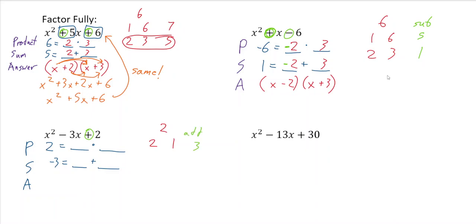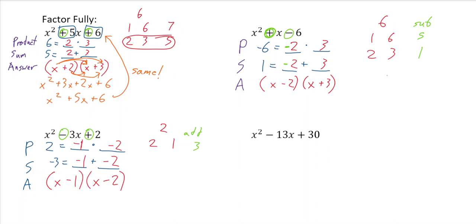It gets 3, which makes sense. So it has to be 1 and 2. But since it's a negative 3, we're going to notice that it's negative inside here. So when it has positive, negative and then positive like that, you'll notice it's always going to be double negative. So we're going to have x minus 1 and x minus 2.